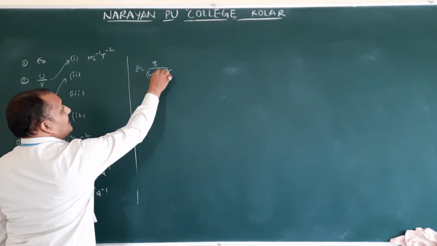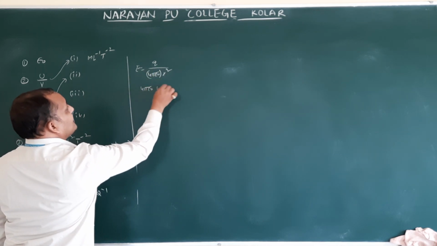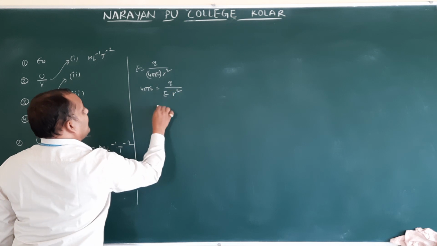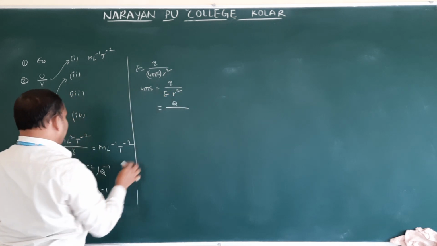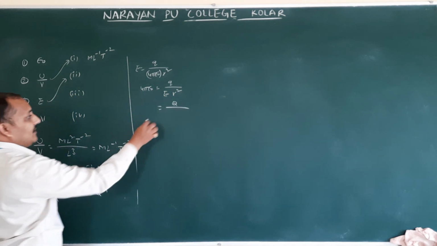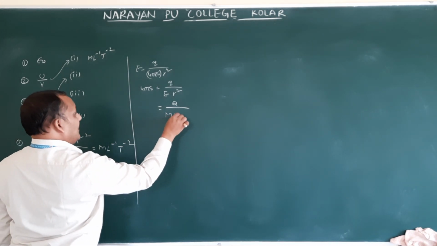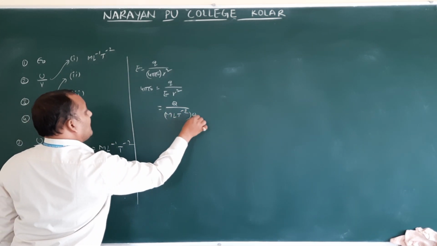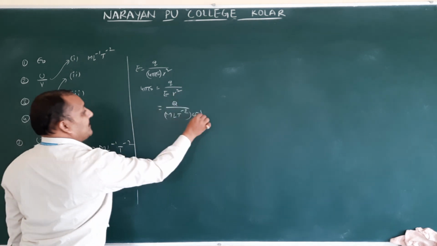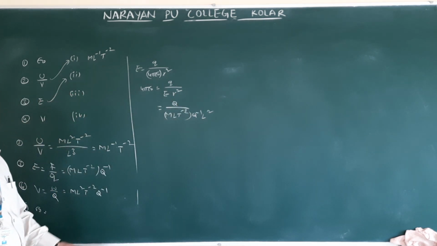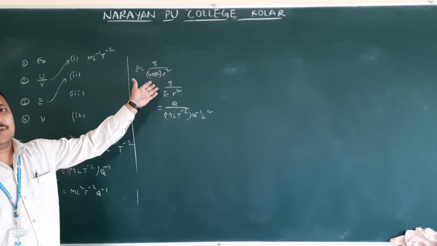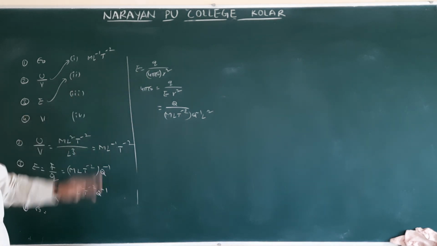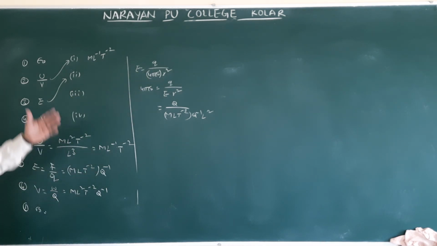So 4 pi epsilon naught is equal to q by E r square. The electric field dimension formula we already got: M L T power minus 2 q power minus 1, and r means L square. Like this you can get it. Otherwise F is equal to 1 by 4 pi epsilon naught q1 q2 by r square. In any way you can write the dimension formula for epsilon naught, but you don't have the correct answer there. Therefore the first one is wrong.